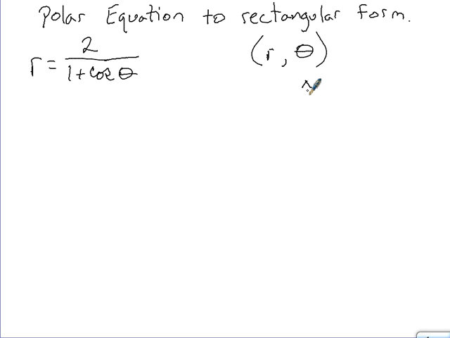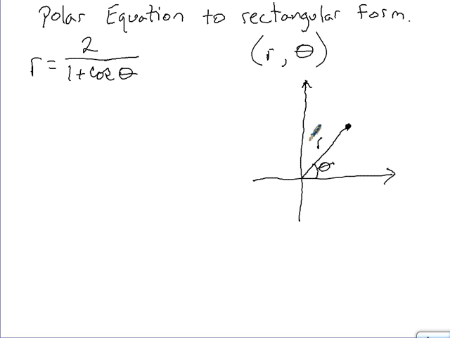It helps to understand what we're doing if we sketch out a little graph and understand the relationships between radius and angle and x and y rectangular coordinates. If this is our polar coordinate, it is formed by a radius and an angle.